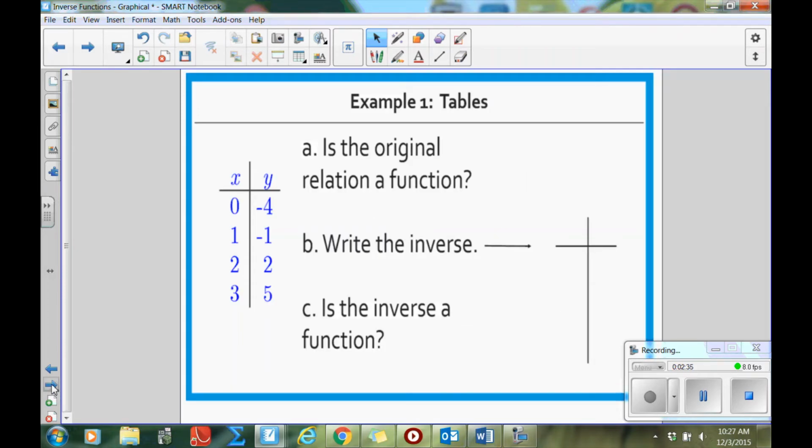Here is a function that is represented in a table format. Well, it's at least a set of ordered pairs. We have to decide if it's a function. We have 4 ordered pairs, and because each x value, each input, has only one output, or y value, it is a function.